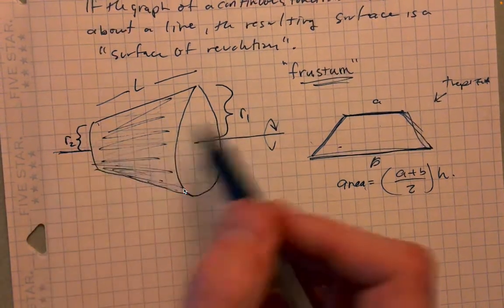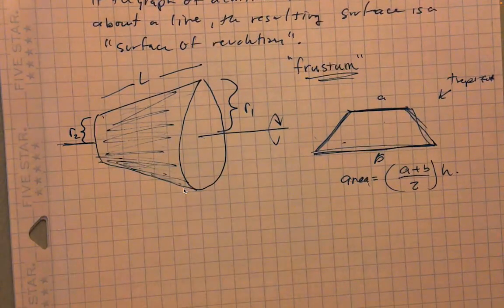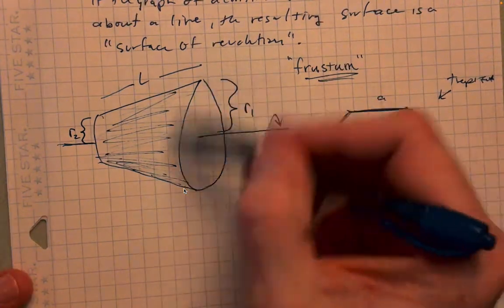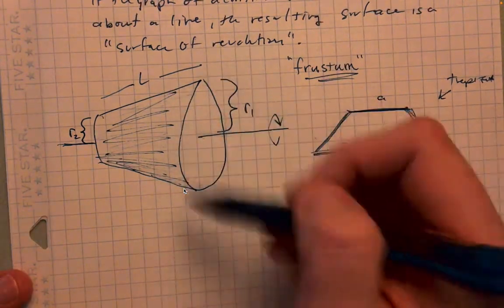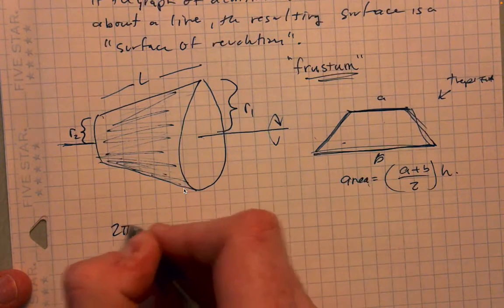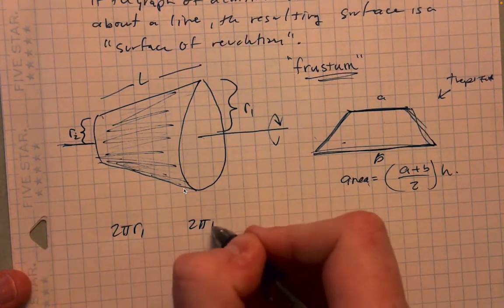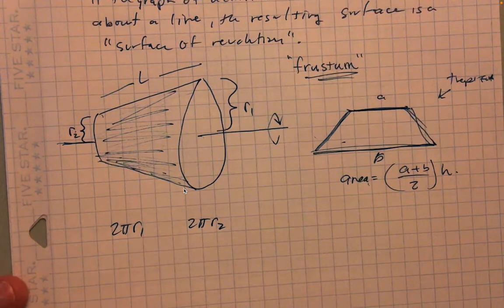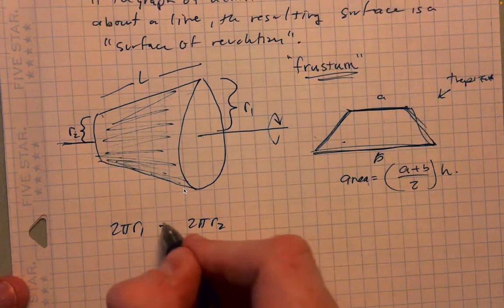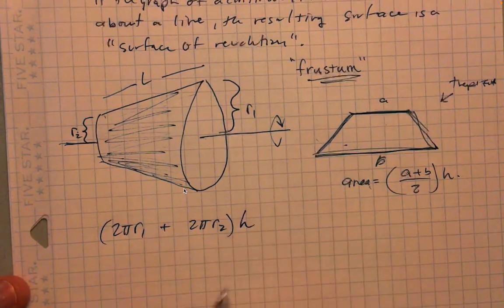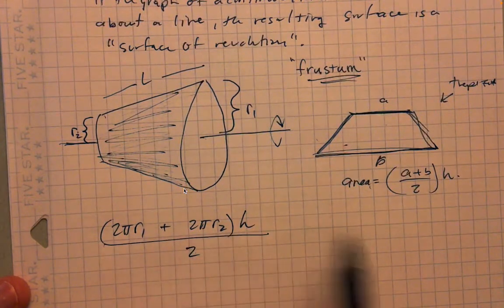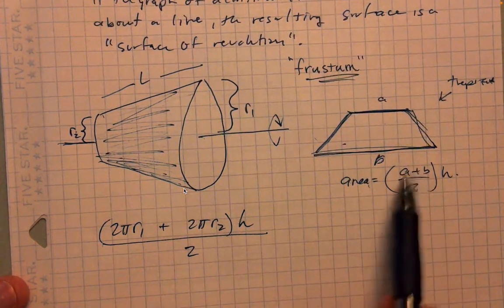They're obviously different, right? Okay. Now, this circumference here would be 2 pi R1. This circumference over here would be 2 pi R2. Okay, if we add those two together, multiplied by the height, and divide by 2, then this is what we got, right? That's this formula.